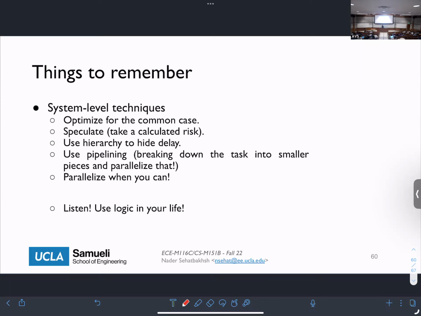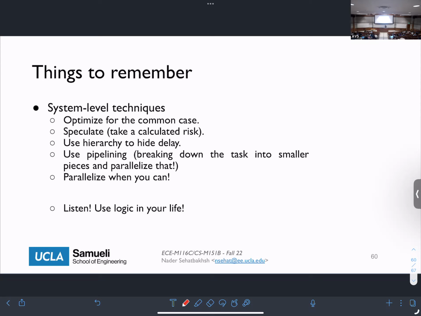And finally, I want you to apply the same approach you used when you came into the class without any information about computer architecture: you listened to the logic, you used your own thinking in order to understand things. Apply this to the rest of your life too, okay? There are many people who come out of a class and say, okay, now I know everything, and I can make comments about many different things that I have no idea about. I can comment about economics and politics and medicine without any knowledge.